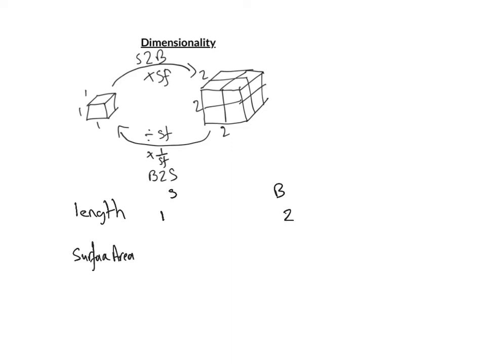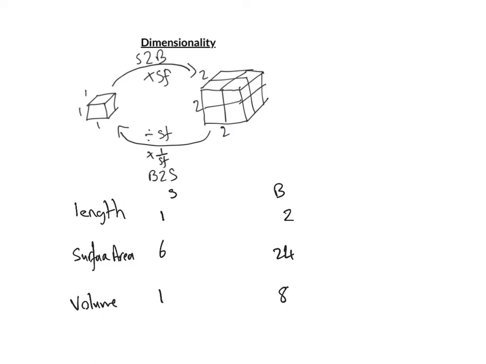The surface area of the small one: each face is 1 by 1, which is 1 unit squared. There are 6 of them, so this is 6 units squared. The other one, we have a face that's 2 by 2, which is 4, and there are 6 of them, so 4 times 6 is 24 units squared. Let's look at the volume. Volume, 1 by 1 by 1, 1 unit cubed. Here, volume, 2 times 2 times 2 is 8 units cubed.